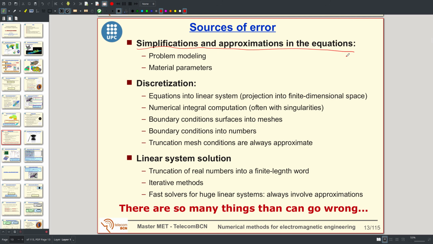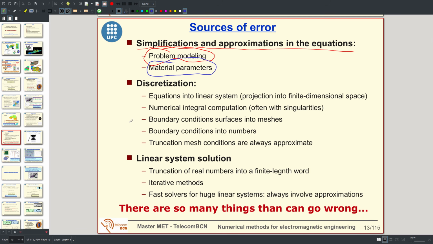There may also be other effects that we don't take into account, also multiphysics effects, etc. So there are always approximations in the statement of the problem. So we just build a simplified model, and also, as I said before, we cannot know the material parameters epsilon and mu exactly. We know just approximate values or possible values, but exact, mathematically exact values are impossible.